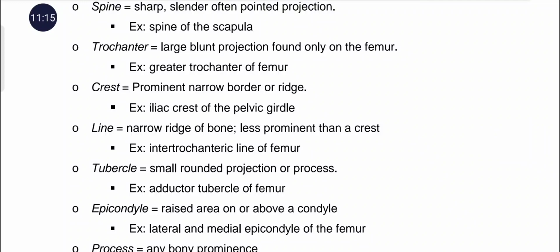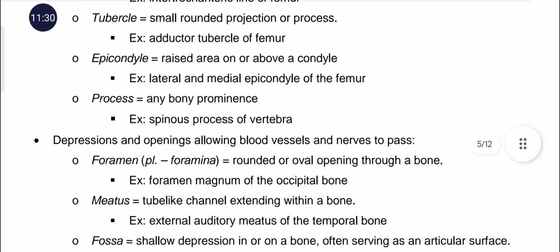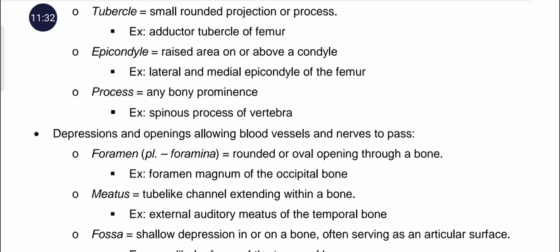Next is the crest. It is nothing but a narrow border or ridge. For example, iliac crest of the pelvic girdle. Next is a line. Line is a narrow ridge of bone which is less prominent than a crest. Example is intertrochanteric line of the femur. Next is tubercle. Tubercle is a small rounded projection or process.